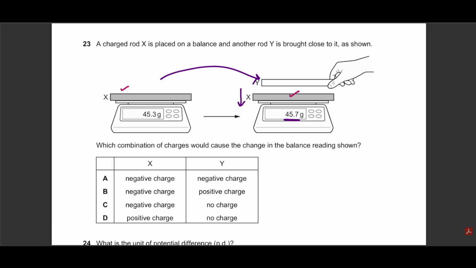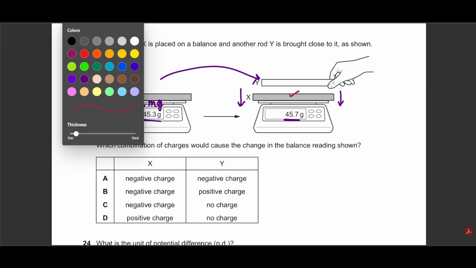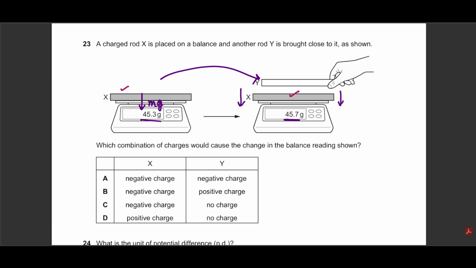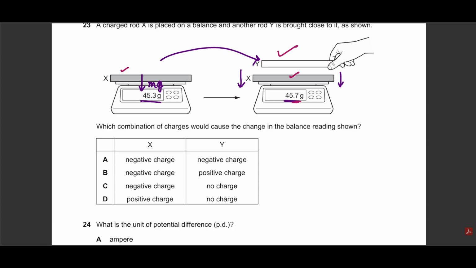Now, it can only happen if both rods have the same charge. Only then they will experience repulsion, or enough repulsion that X gets pushed down. Because whatever weight it had, let's say mg, is already displayed on the electronic balance, which is 45.3. This change is only because of the influence from the outside. So I'm expecting like charges or similar charges.